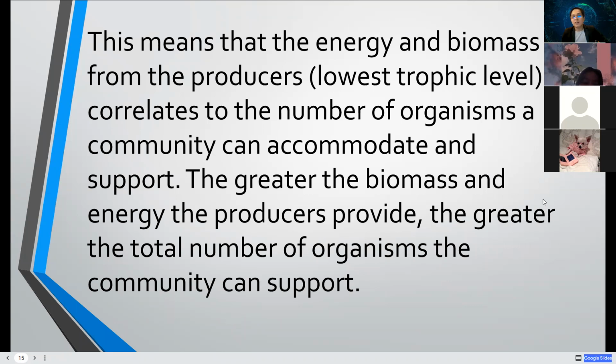This is how we evaluate an ecosystem or the ecological niche of a species. The greater the biomass and energy the producers provide, the greater the total number of organisms a community or ecosystem can support.